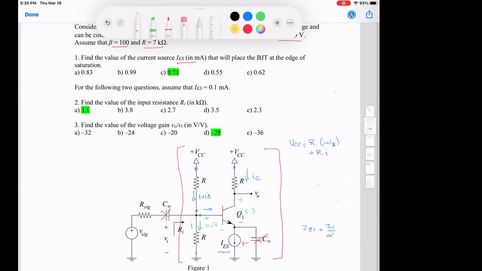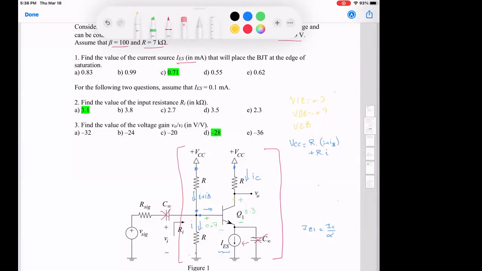If I have VCE is 0.3 and VBE is equal to 0.7, then I can find VCB, right?